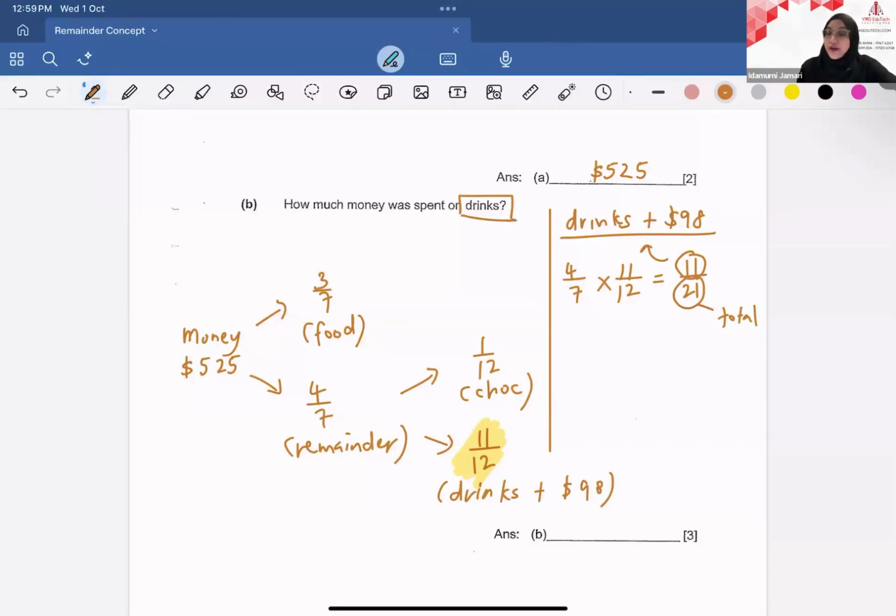Earlier in part A, we found out the total amount of money collected. Hence, 21 units represent $525. The amount of money spent on drinks as well as the amount of money left consists of 11 units.